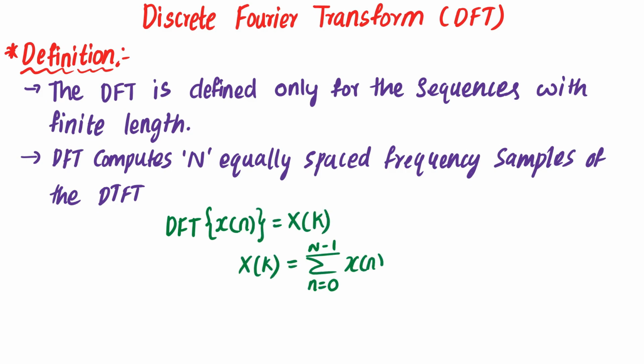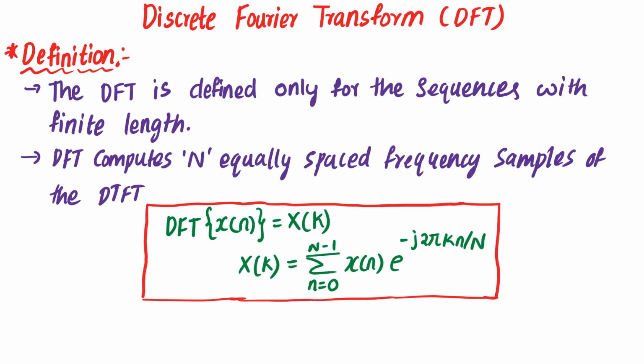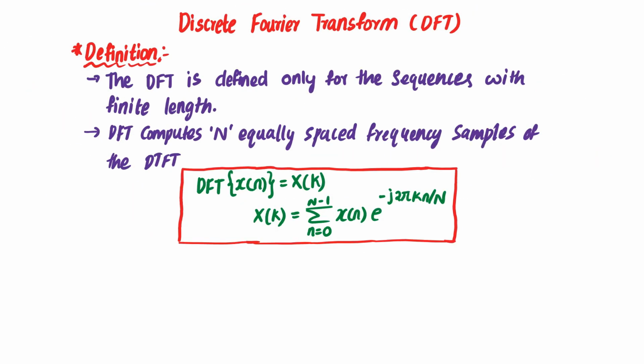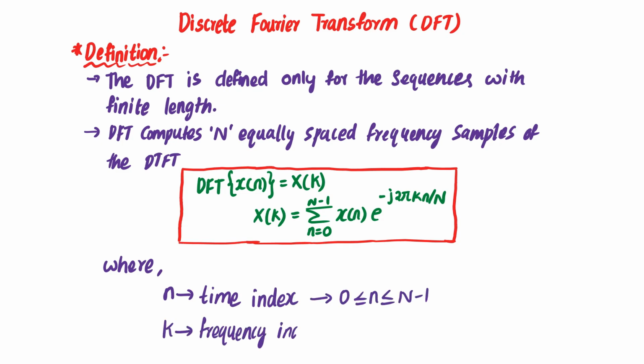DFT of the finite duration sequence x of n is represented as X of k. Here capital X represents the frequency domain signal or the frequency transformed signal. Here the small k represents the frequency index.